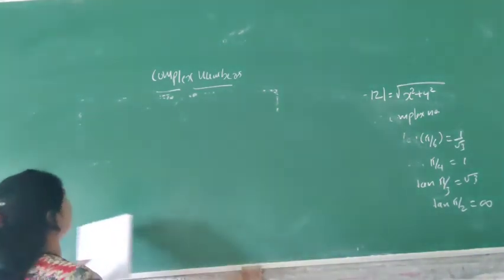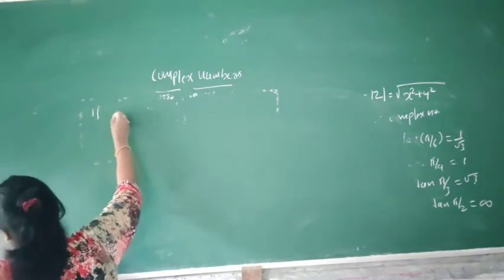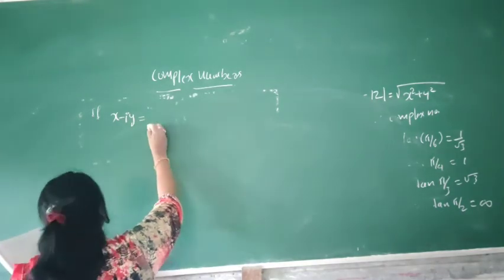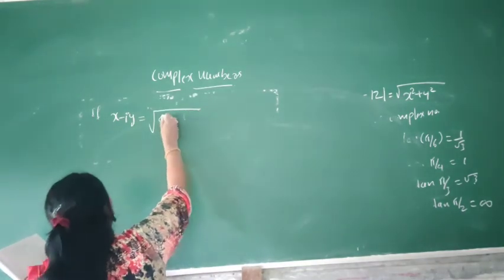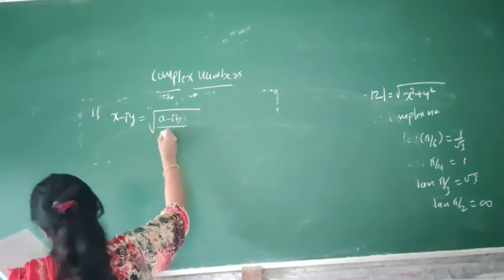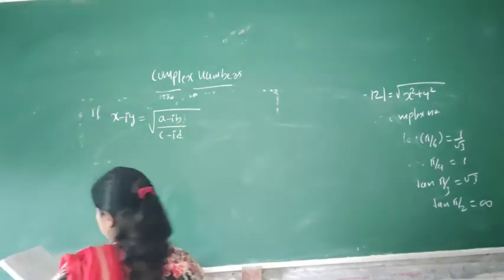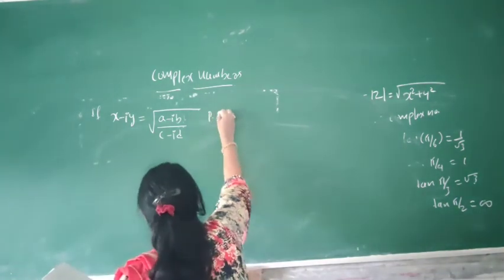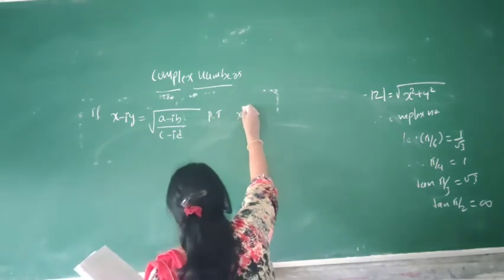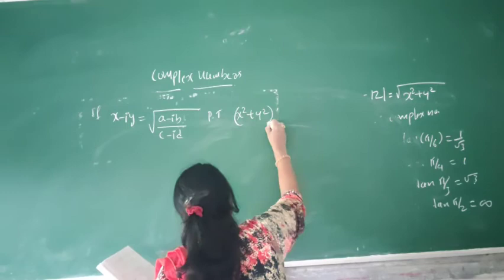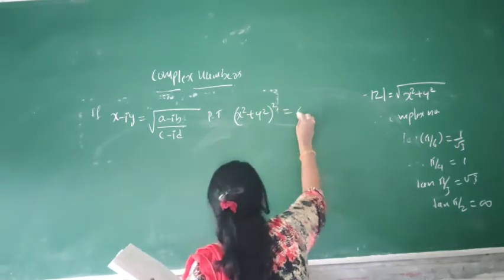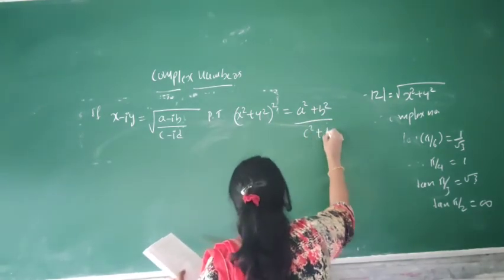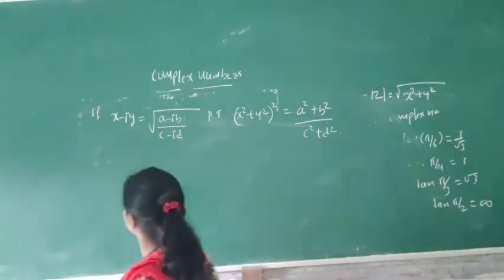If x minus iy is equal to the square root of a minus ib divided by c minus id, prove that x square plus y square whole square is equal to a square plus b square divided by c square plus d square.